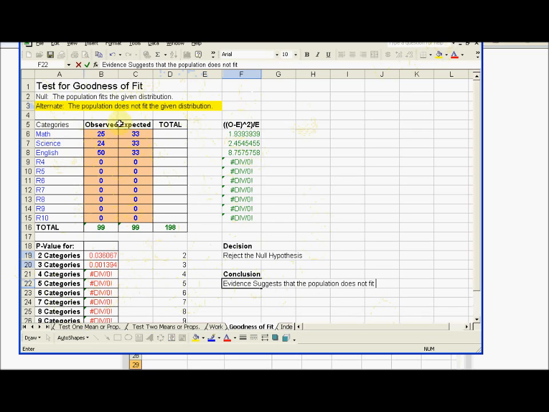And so that's what we're saying there by rejecting the null. The population does not fit this given distribution that we have supposed. So there is a first look at the chi-square test for goodness of fit.